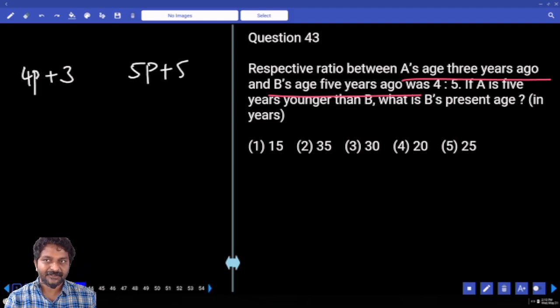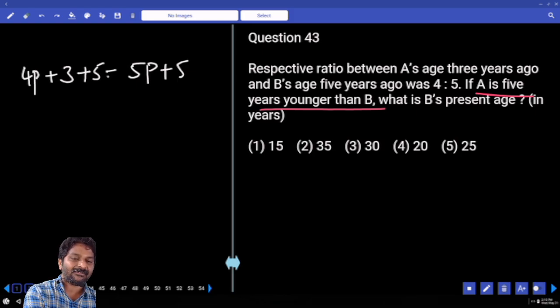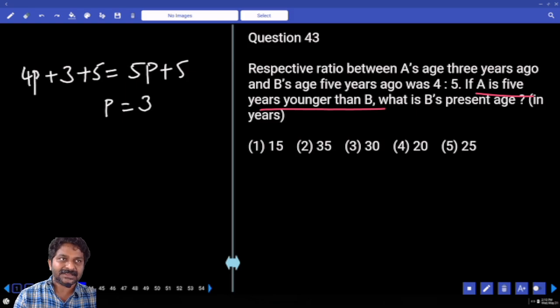Now they said A is 5 years younger than B. That means if you add 5 years to this, it will be equal to B's age. 5 gets cancelled, from that one part is equal to 3. Question is about the present age of B. B's present age is 5 parts plus 5. Answer 20.